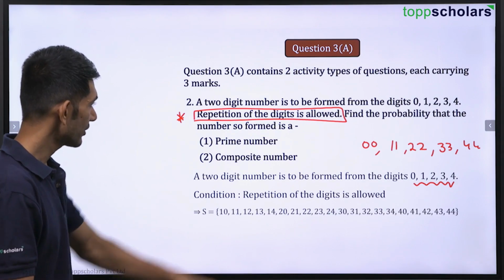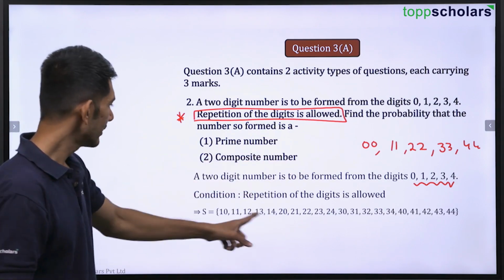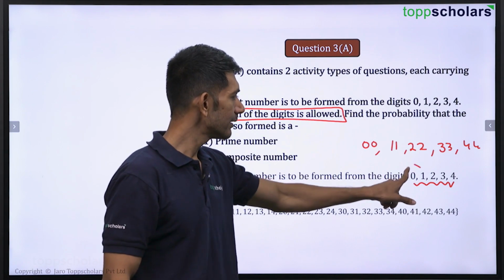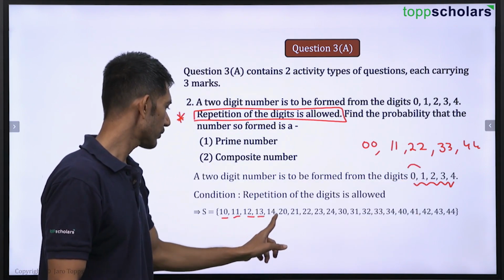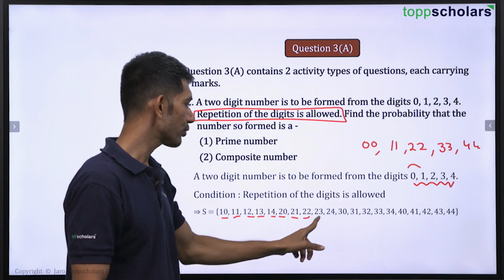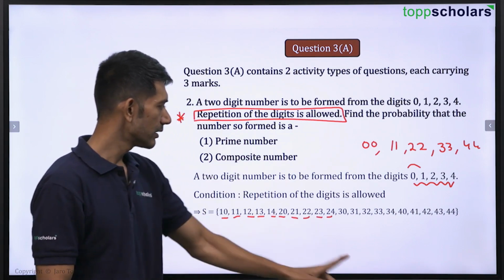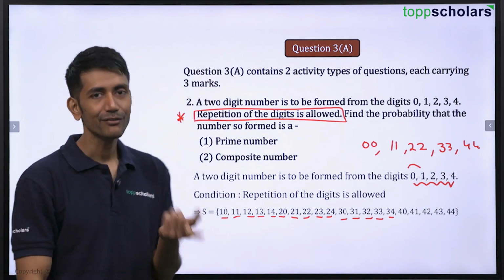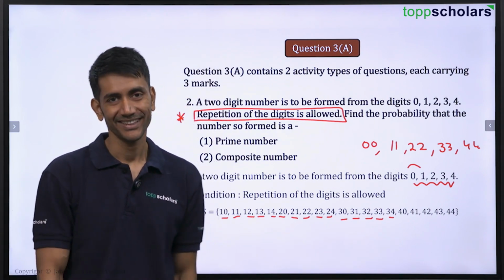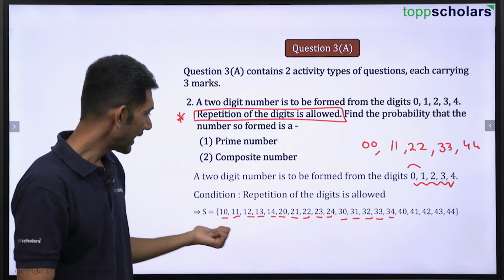Okay, so see here, we start from 1: 10, 11, 12, 13, 14. Start from 2: 20, 21, 22, 23, 24. Start from 3: 30, 31, 32, 33, 34. Start from 4: 40, 41, 42, 43, 44. Correct? Okay, so n of s will be how much?